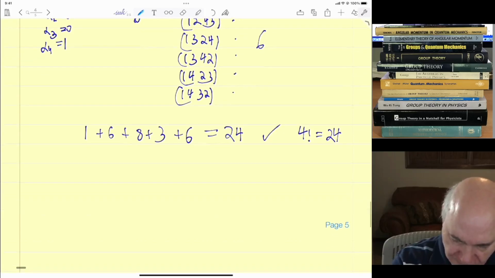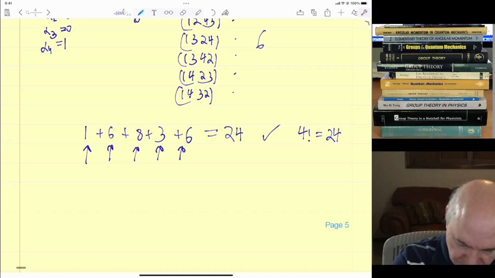Now, notice each one of these corresponds to a partition of 4.